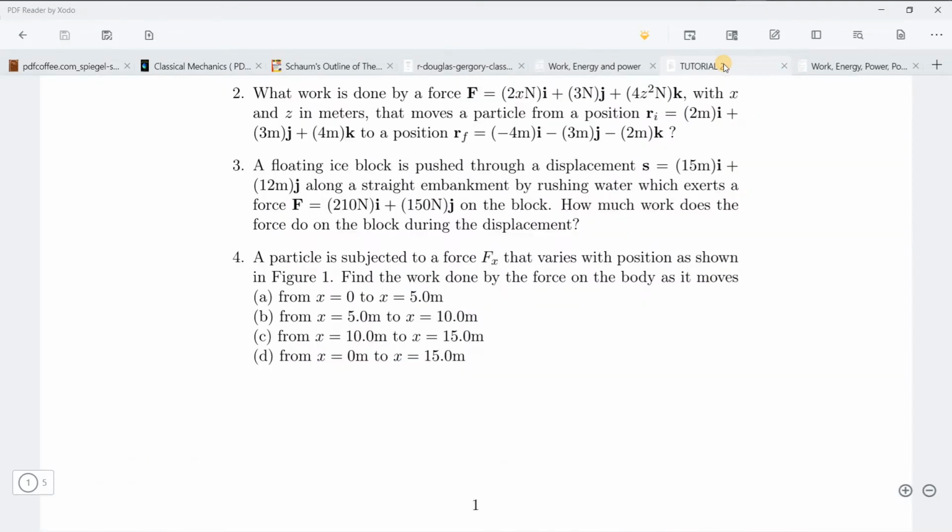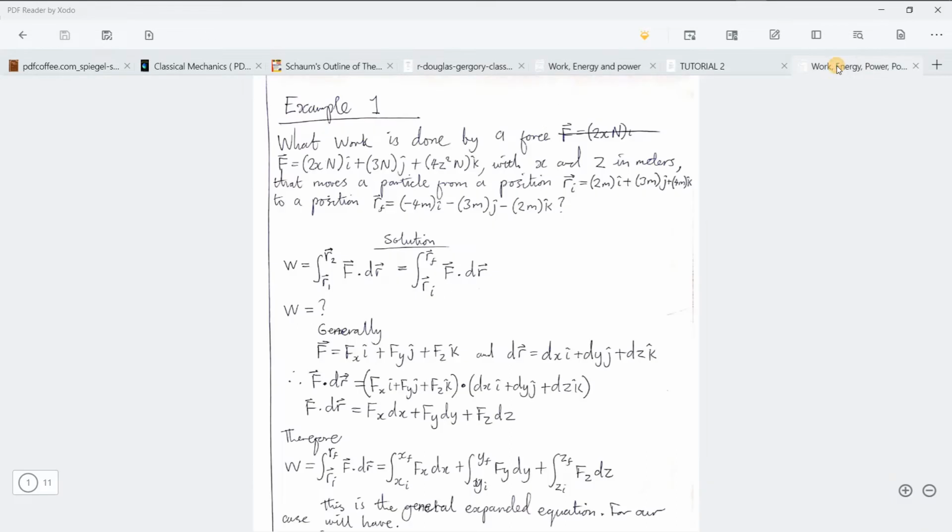Alright, now looking at what we have here, we have the same formula written: work equals the integral from R1 to R2 of F dot dr, which is the same as the integral from Ri to Rf of F dot dr. So here is our question: what is work?